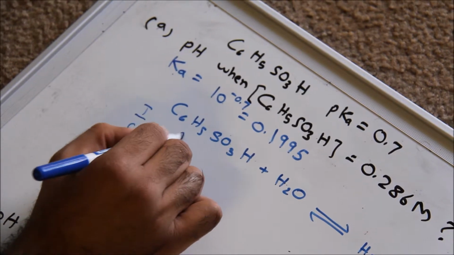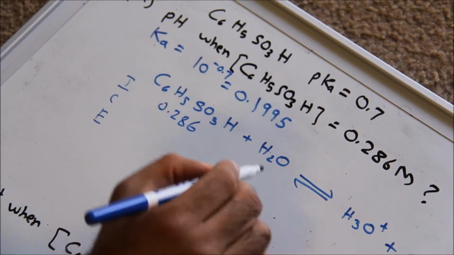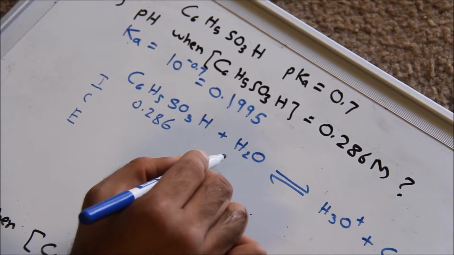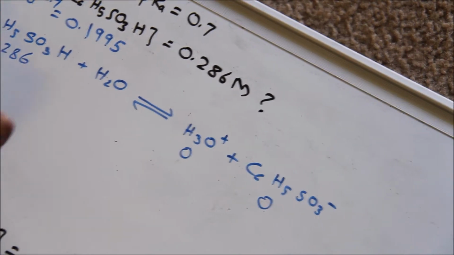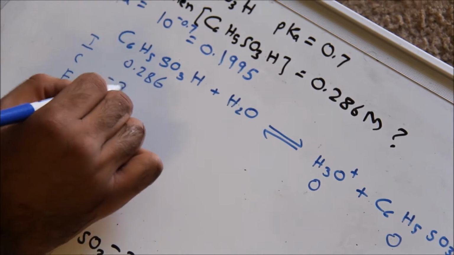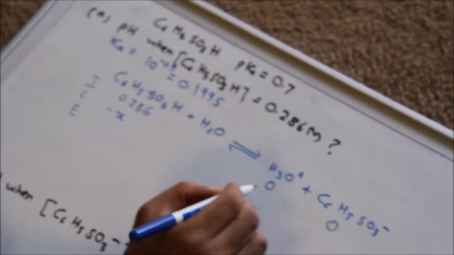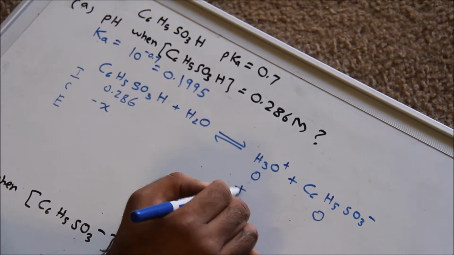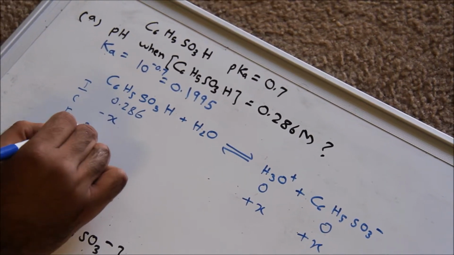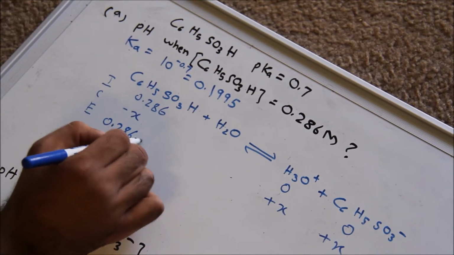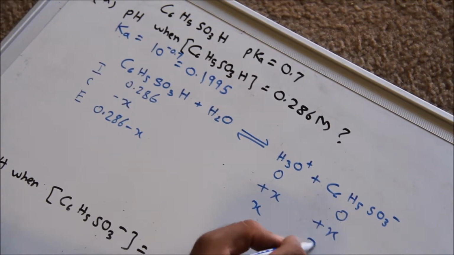We start with 0.286 moles of this, and we just ignore the water. We start with 0 of this and 0 of this too, and then we know that there will be a certain change, and that will be the same amount of change over here, but it will be additive. And then we know this is going to be 0.286 minus x, this is going to be x, and this is going to be x.